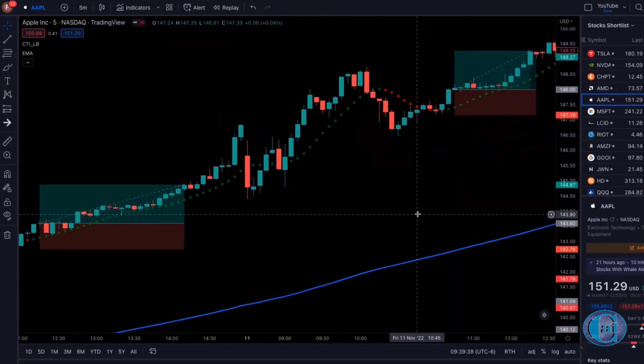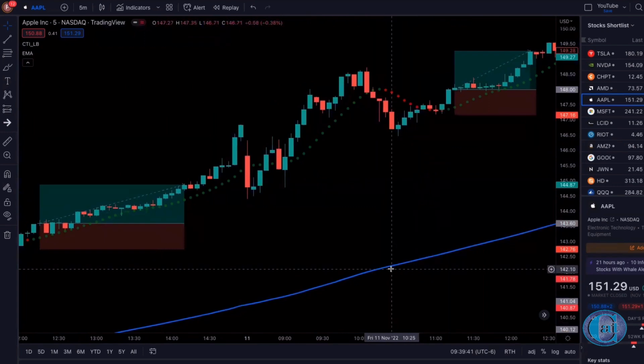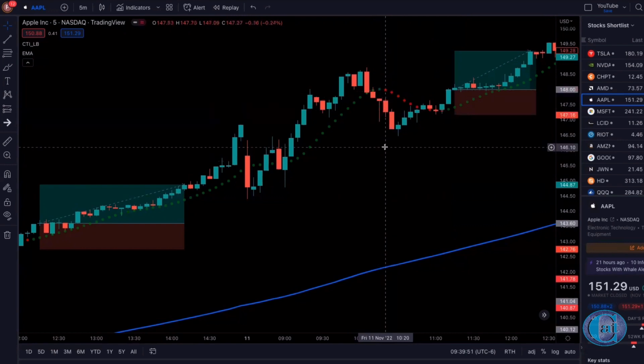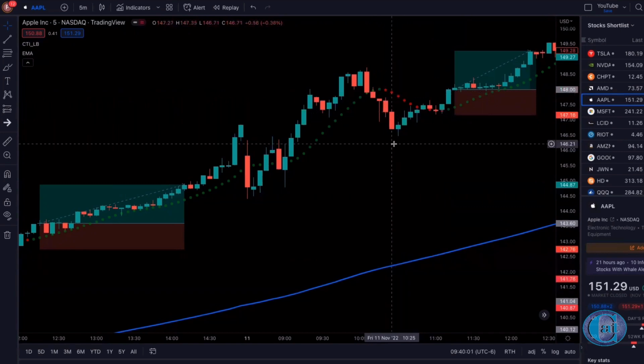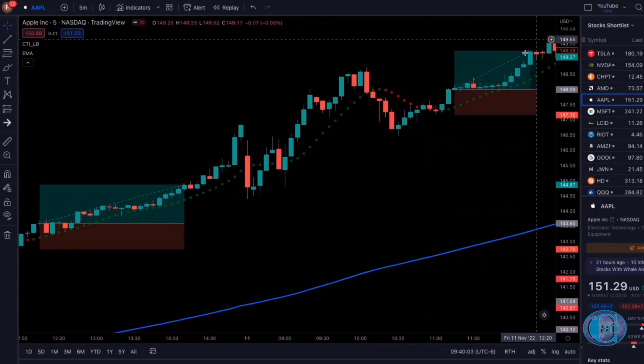Okay. And this is where this 200 EMA comes in to get rid of some false signals. I'm going to show you guys a tip at the end of this video that's going to help you make this win rate even higher. You see how, if you're going to go short, I'm going to go into the short strategy real quick. You'd go short when you get a red dot, but the price action is above the 200 EMA, so you're not going to get into that. And you see how this just bounces right back, right?